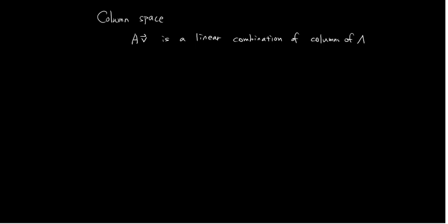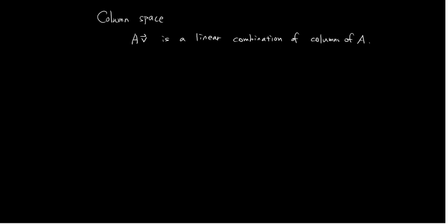The last thing that I want to say is about what we call the column space. Basically, we viewed before that A times V is a linear combination of the columns of A. You take all the columns, assign some coefficients to them, and then you generate a new vector.